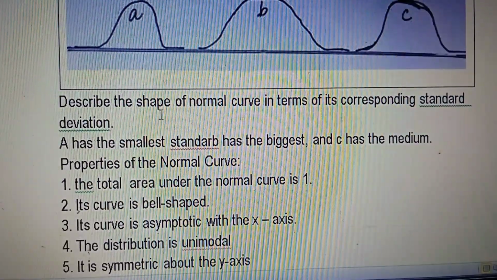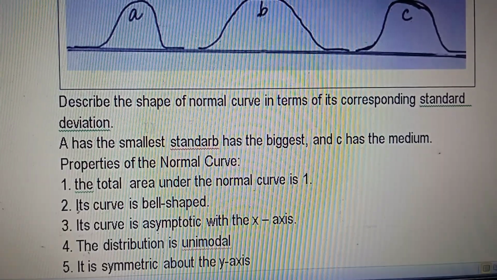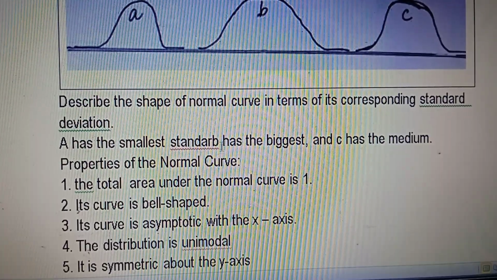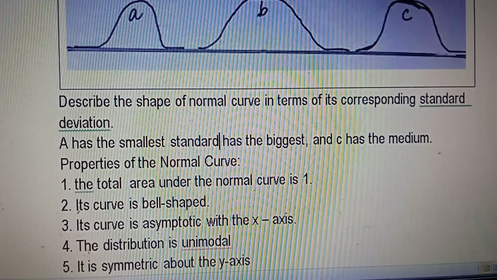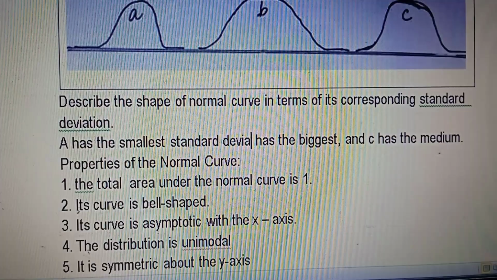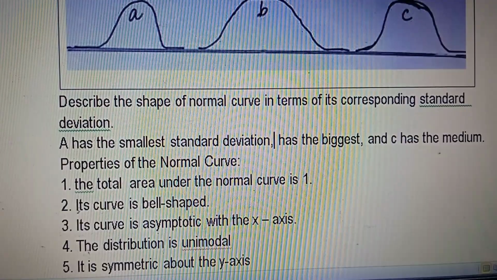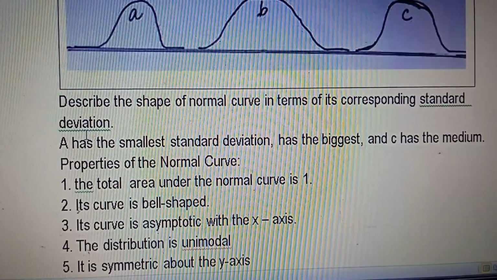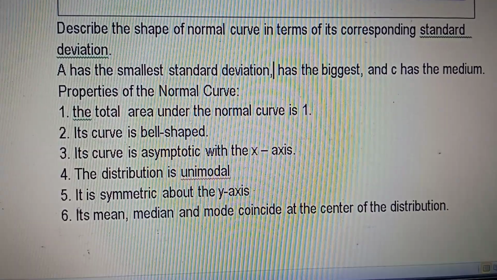That is how we describe the shape of the normal curve in terms of its corresponding standard deviation. A has the smallest standard deviation, B has the biggest, and C has the medium. So we'll talk about the properties of the normal curve.